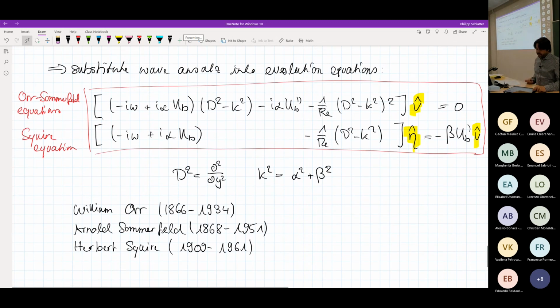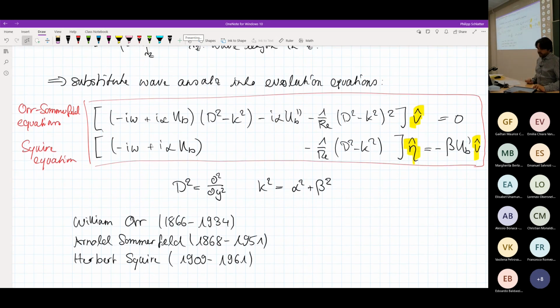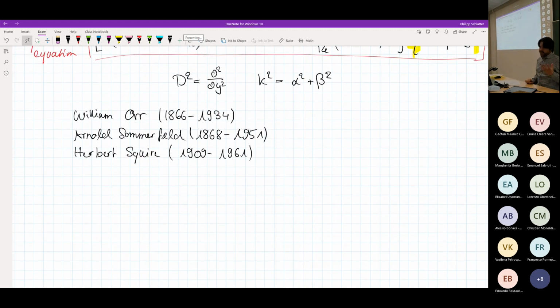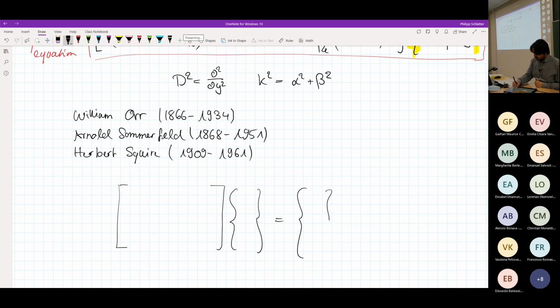Okay, so I have now these equations, and as I said, because they're so important, there is a standard matrix way of writing them. Essentially we realize that there is a matrix times a vector, which equals a right-hand side.